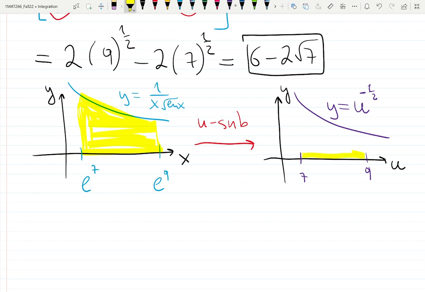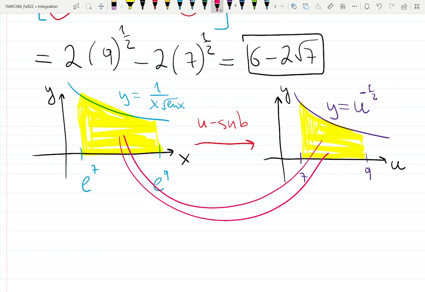We found this area instead, but it is the same number. That's the whole idea here. Equal. That's not a smiley face, it's an equal.